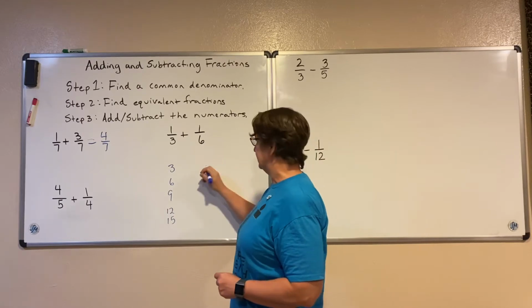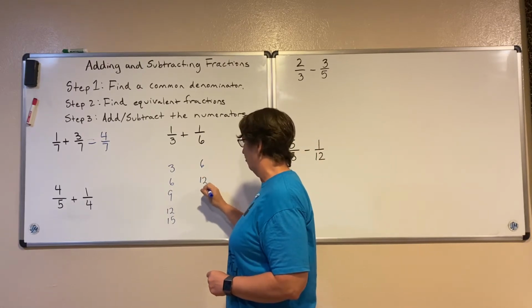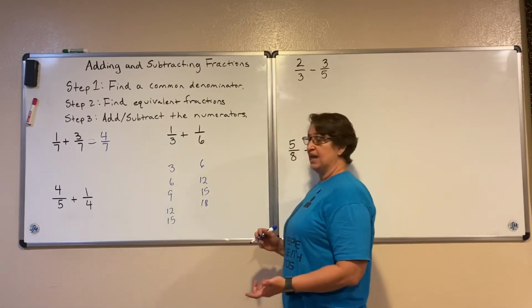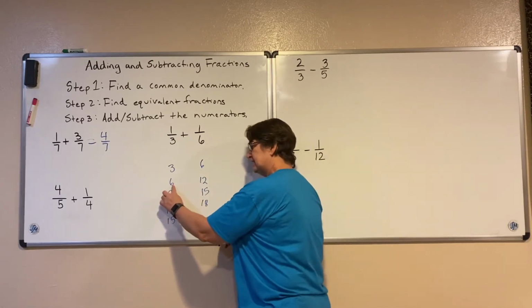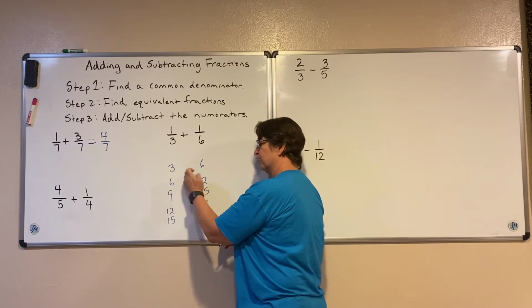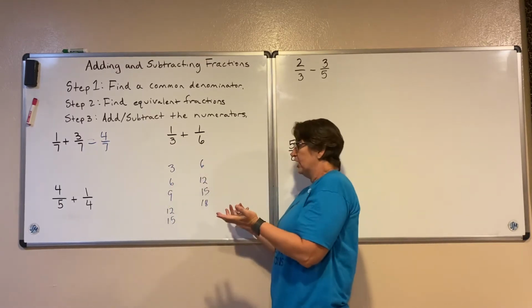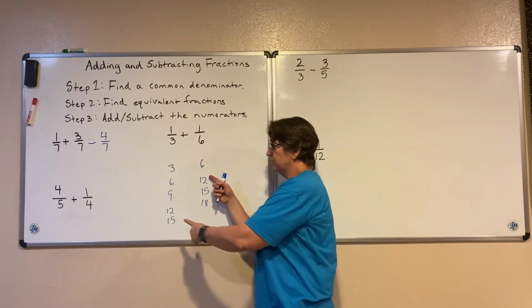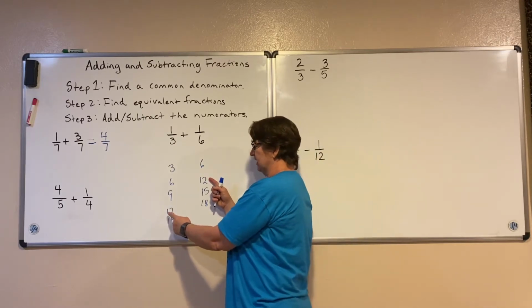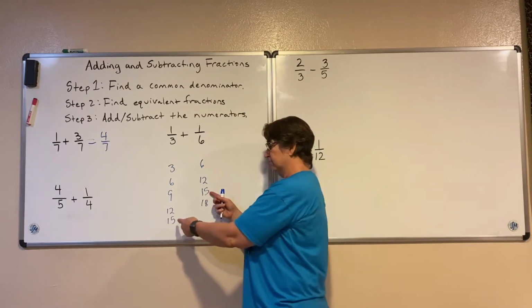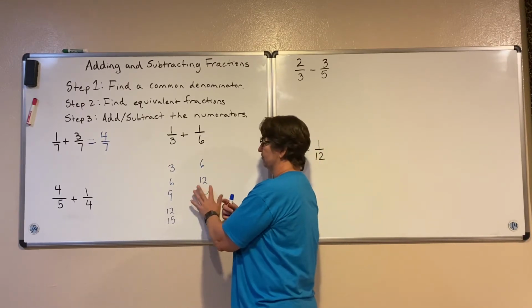So if I count by sixes, 6, 12, 18, some number that's the same. Notice that 6 is the same. They're both a multiple of 3 and a multiple of 6. We could also use 12 because 12 is a multiple of 6 and a multiple of 3. We could also use 15 because 15 is not a multiple of 6.